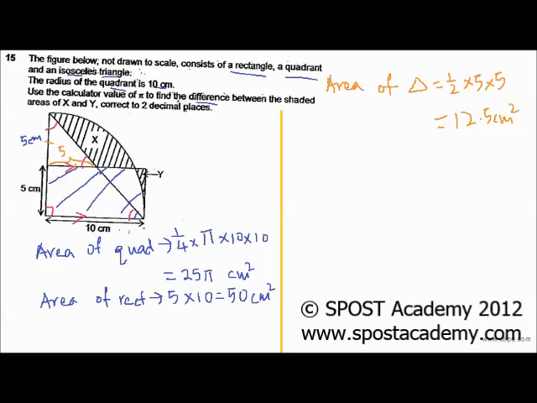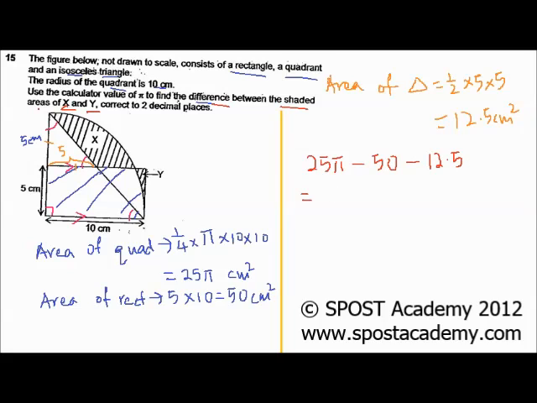In order to find the difference in the area of the shaded parts of x and y, we need to use the area of the quadrant, which is 25 pi, minus the area of the rectangle, which will get rid of this part, and minus the additional triangle, which is 12.5 cm square.